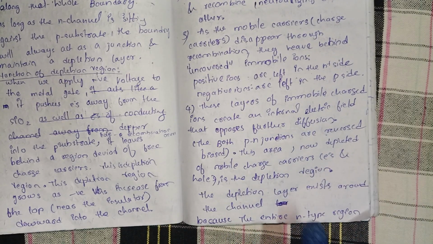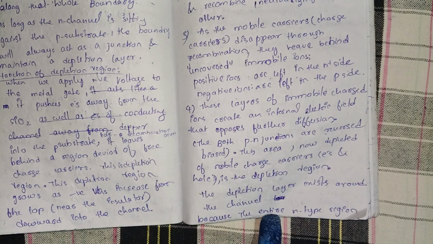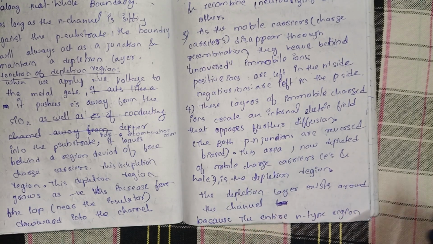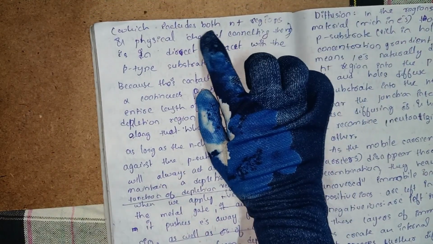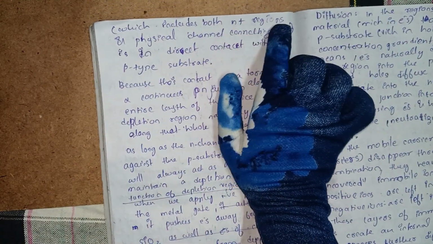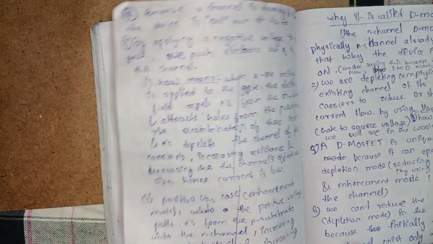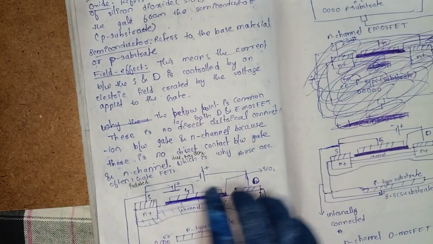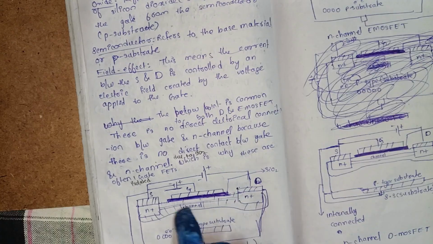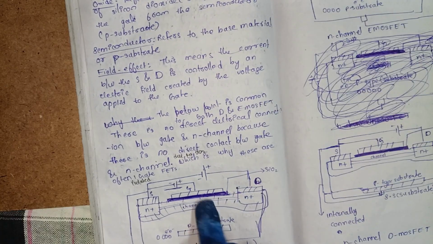The depletion region exists around the channel also. Why? Because the entire n type region includes both n plus regions and the physical channel connecting them. So here are the two n plus regions, and the n channel is also there.